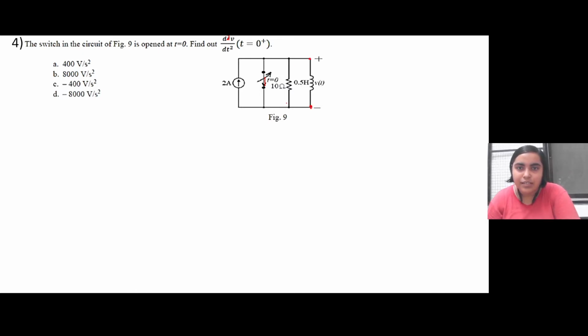Since this resistor is also in parallel, this will also be V of t, and 2 ampere current is flowing in this branch. Initially the switch was closed, so as soon as the switch is opened, the circuit at time t equal to 0 will look somewhat like this.